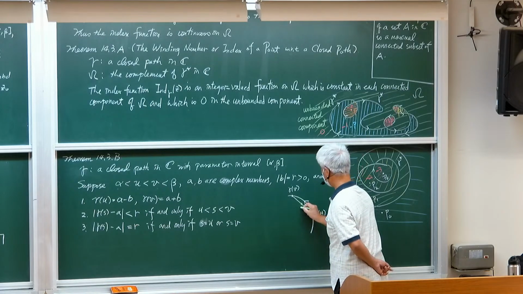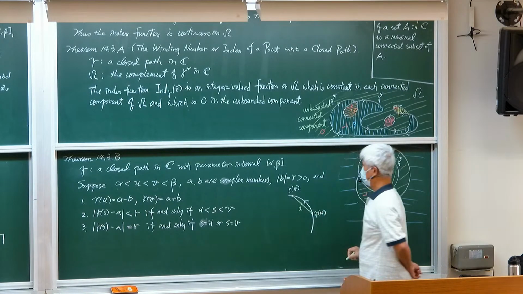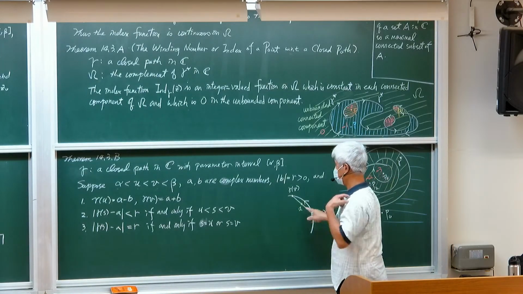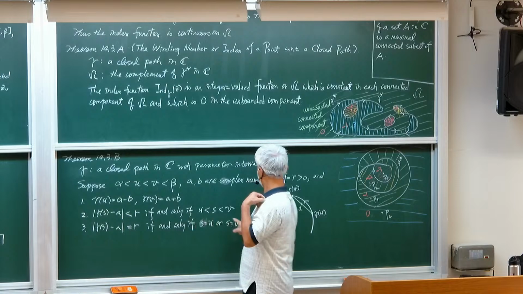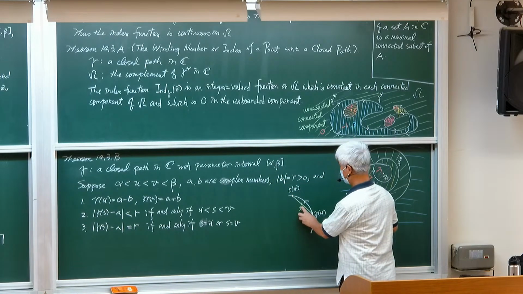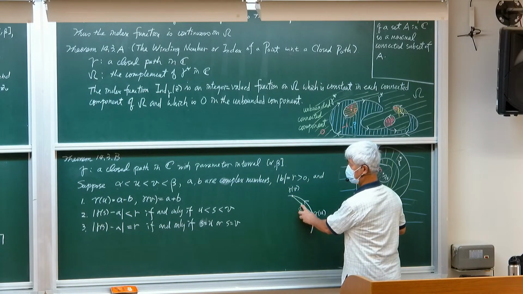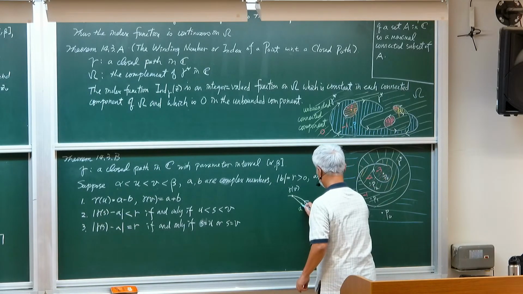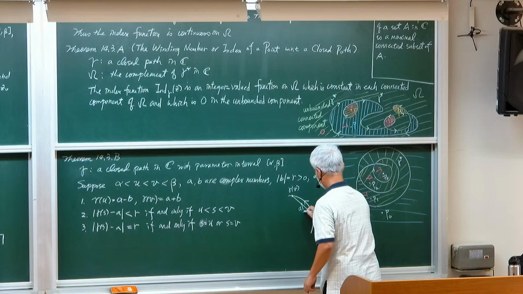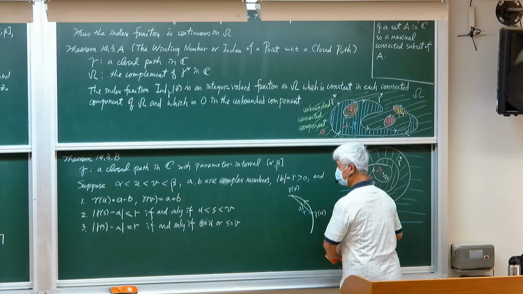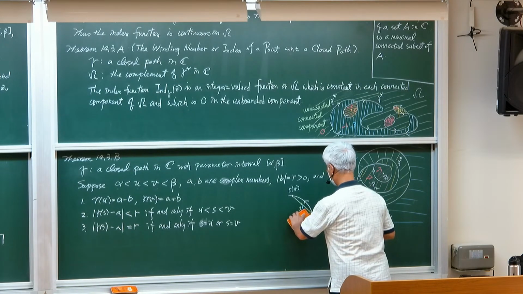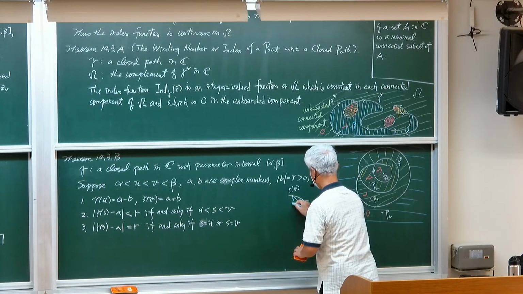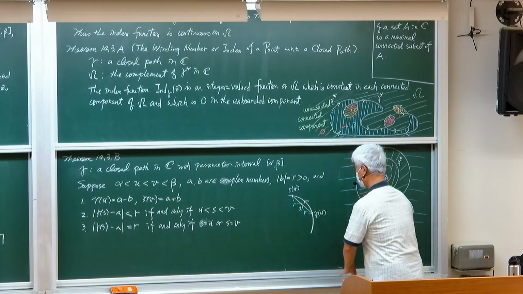All right, so this is A. Suppose we find A here, and the distance. So this is R. This is R, right?